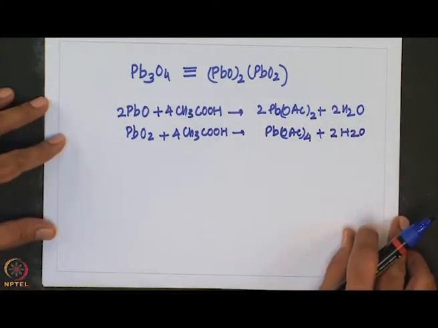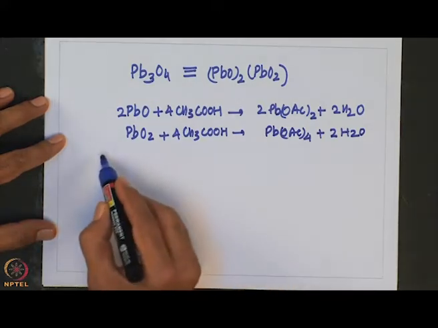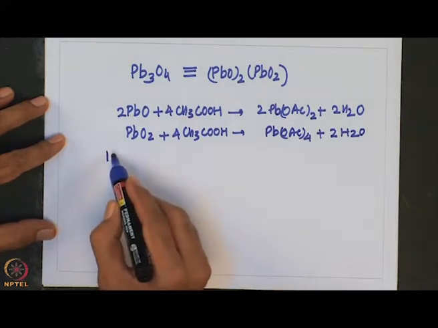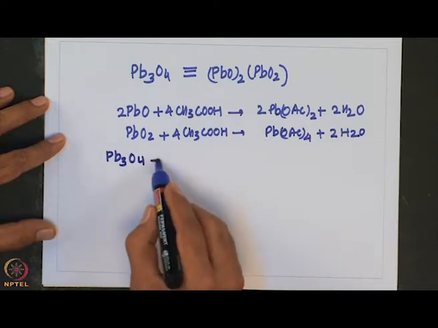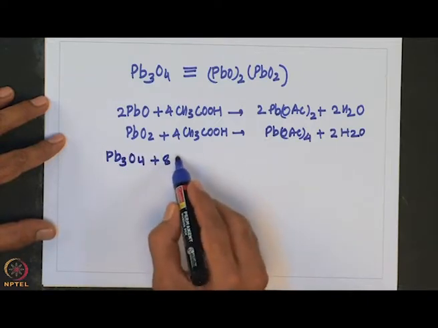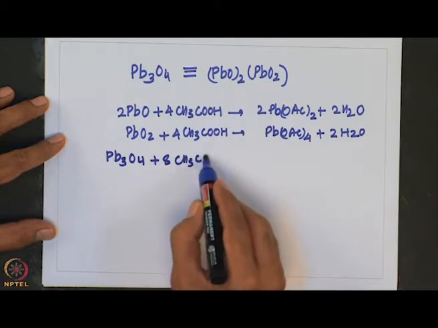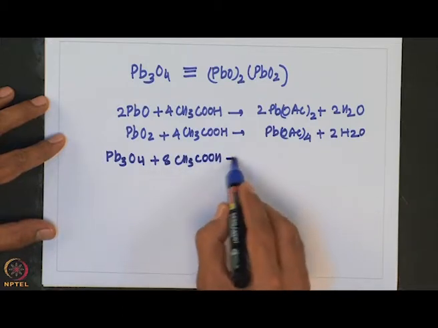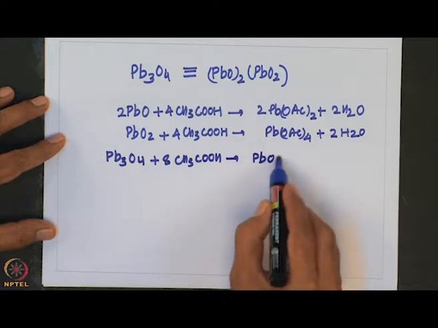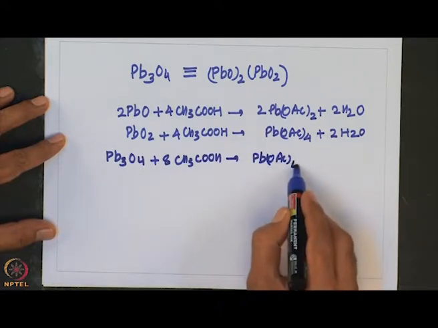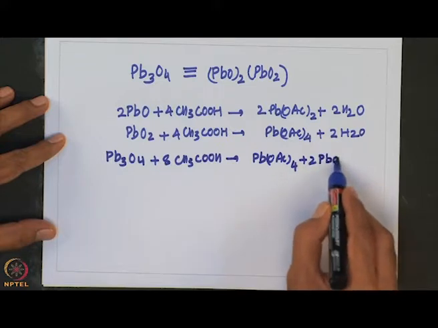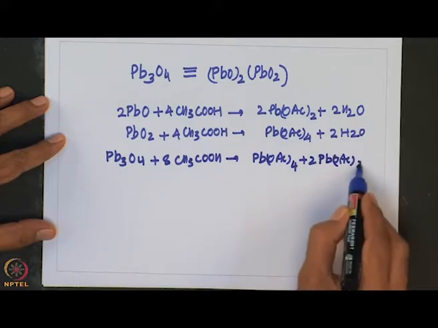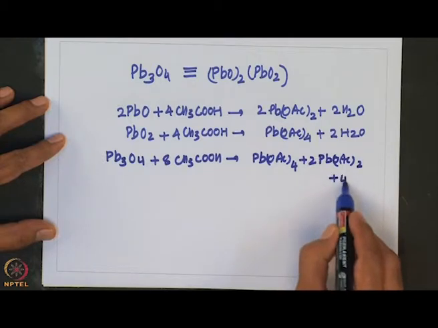This overall reaction is Pb3O4 plus 8 CH3COOH giving Pb(OAc)4 plus 2 Pb(OAc)2 plus 4 H2O.